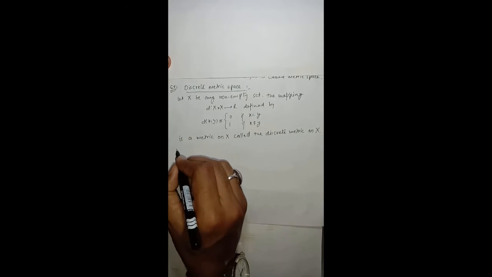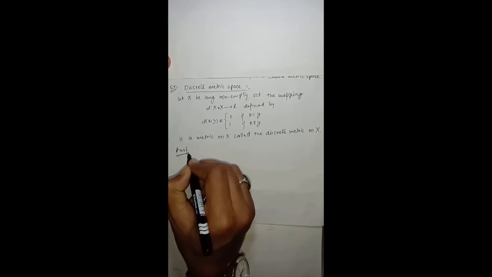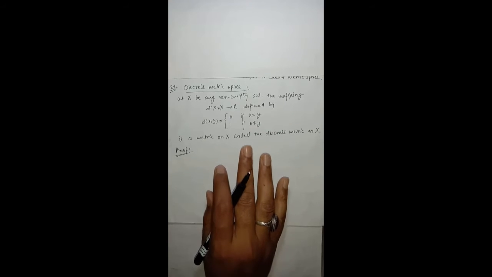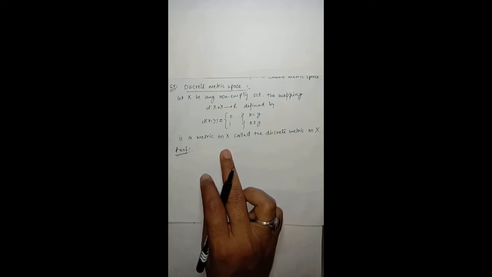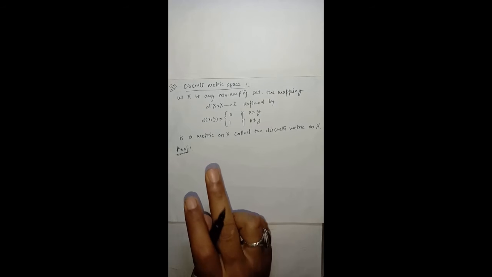Now the proof. Now we shall show that the mapping d satisfies all four properties as we have mentioned in the definition of the metric space.